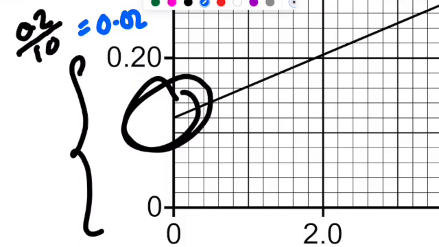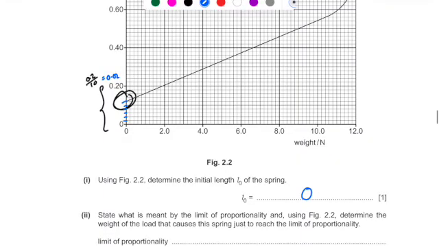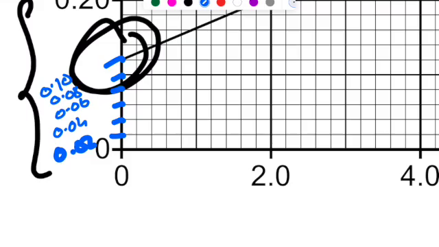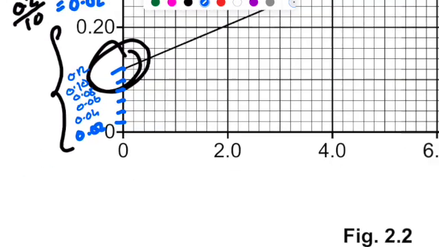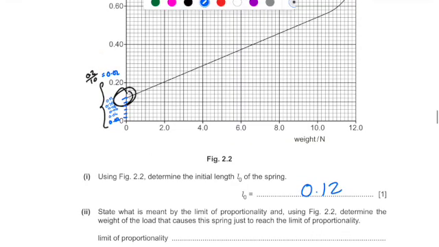So now, 0.02, 0.04, 0.06, 0.08, 0.10, and 0.12. So it's going to be 0.12. So the initial length is going to be nothing but what? 0.12. And don't forget to write the units. So what are the units over here? Meters.